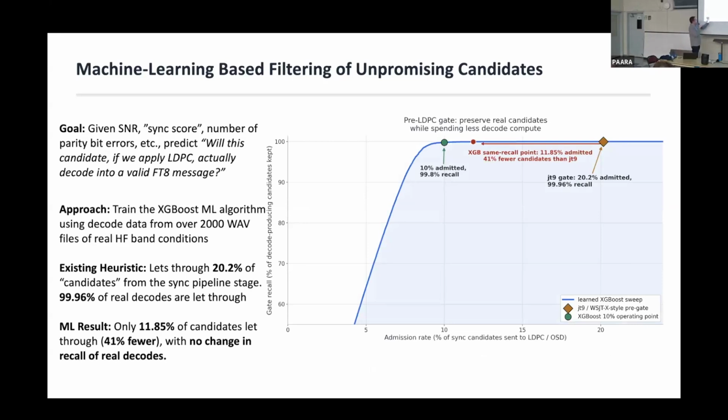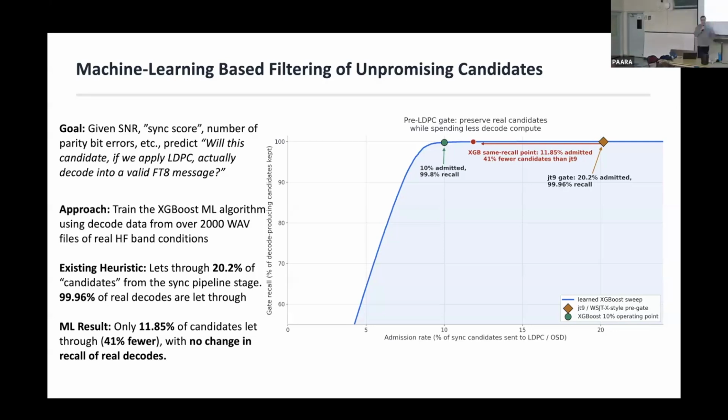Sorry again about the small text on these. This plot is the recall of things that will decode. I basically turn off the heuristics in WSJT-X, run everything through the decoder, and find everything that's a proper decode on the other end. Then I turn the heuristic back on, and it says 89.96 recall.